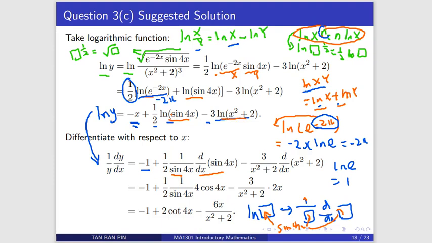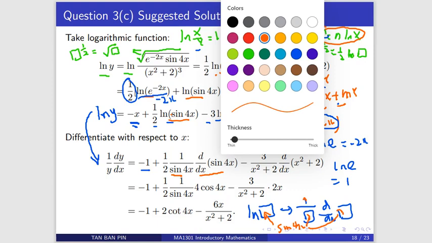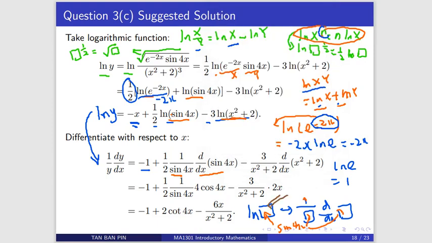Then as for ln of x squared plus 2, you fill in x squared plus 2 inside the box. So there's a 3 here, and it's 3 over x squared plus 2 times d/dx of x squared plus 2.